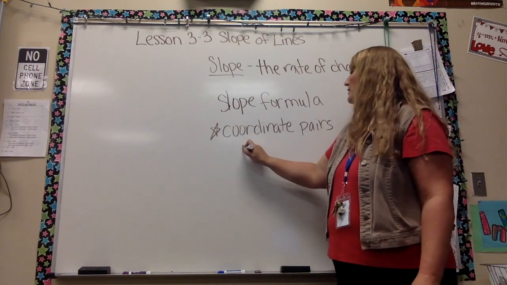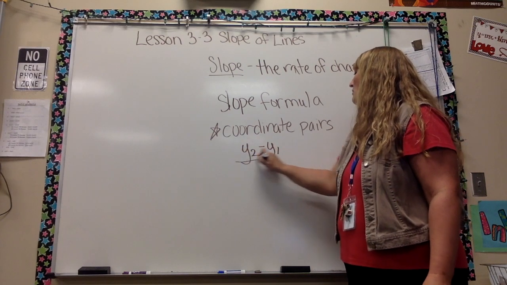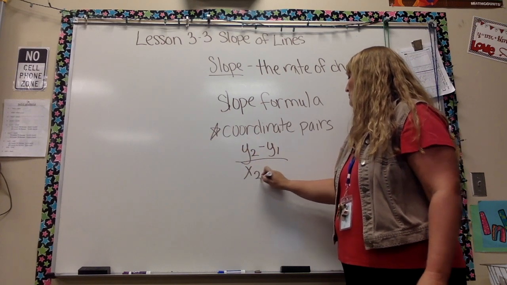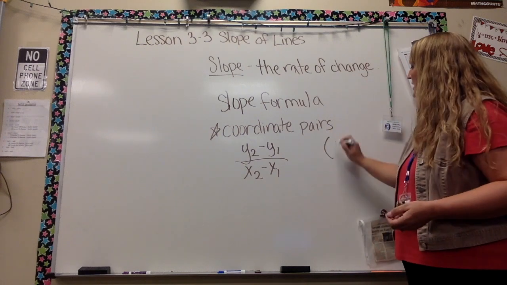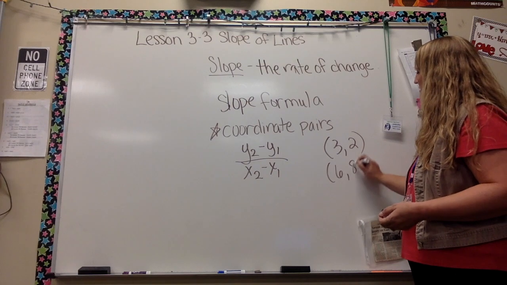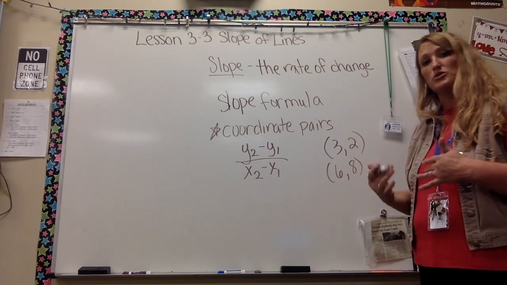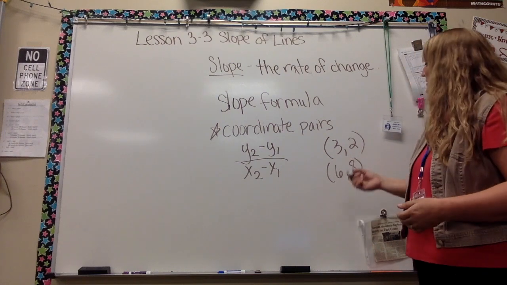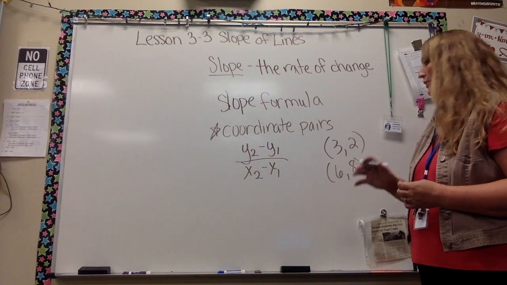And the slope formula is y2 minus y1 over x2 minus x1. Now, if you have two coordinate pairs like 3, 2, and 6, 8, it doesn't matter which one you call x1 and which one you call x2. Same thing with y1 and y2. It doesn't matter as long as they're the same coordinate pair.